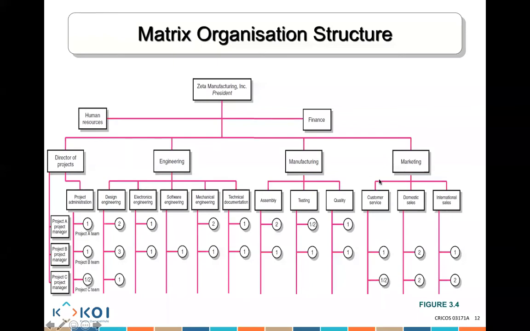On their marketing department. The other half, they're working what? On the project administration. So you have this project manager, he's in charge. You have one person from the admin, two people from the engineering, two people from the design, one person from electronic engineering, two people from mechanical engineering, one from documentation, two from assembly and manufacturing, half a person from testing.